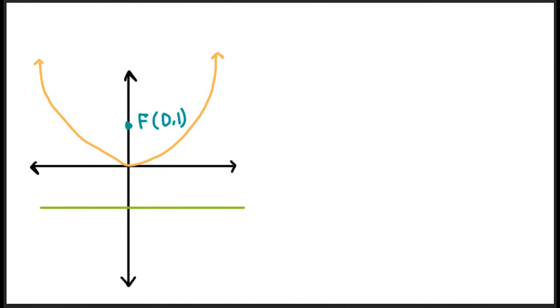Alright? So because of this, we can know that the equation for this kind of parabola is x squared equals 4py, excuse me. All you need to do is interchange the x and the y from the previous equation.